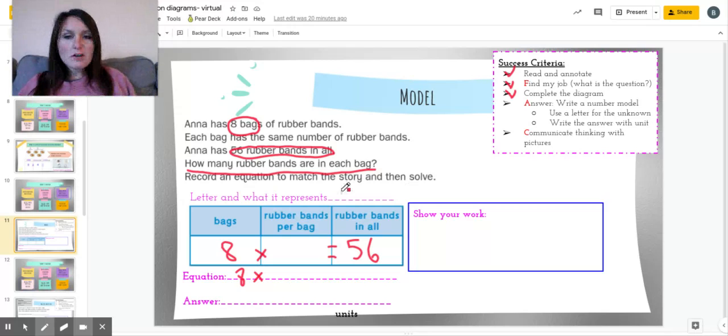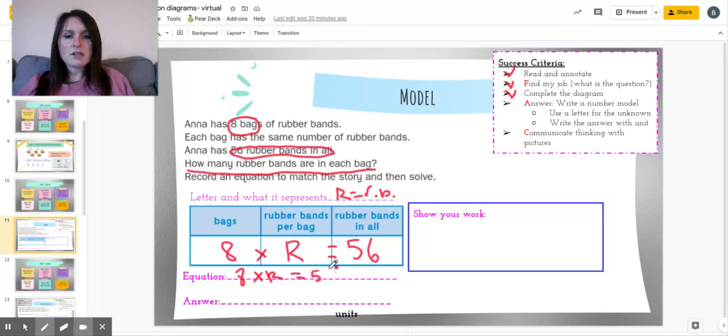Here, I don't want to put a B because I already know the 8 bags, but here it starts with an R, so you could just make R, which stands for the rubber bands. You would write out rubber bands, but to save time, I'm just going to write an RB because this R stands for the rubber bands. So whenever I see this R, I know that's going to be my answer. 8 times R, that unknown number, is going to equal 56.